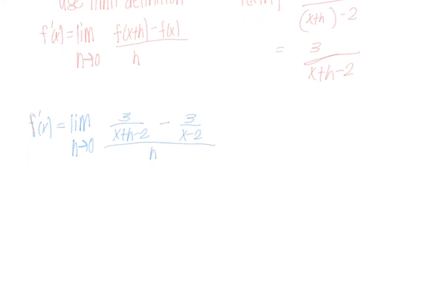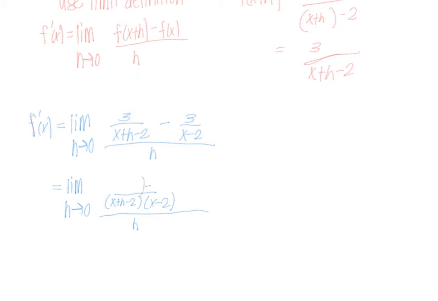And if I evaluated this right now, it's going to be an indeterminate form. So I'm just going to keep on going. I need to find a common denominator in the numerator. That common denominator within the numerator is going to be x plus h minus 2 times x minus 2, and I got that by just multiplying the two denominators together.